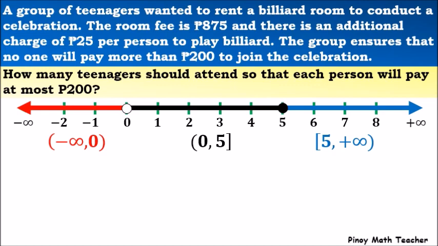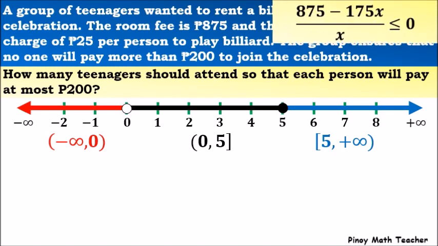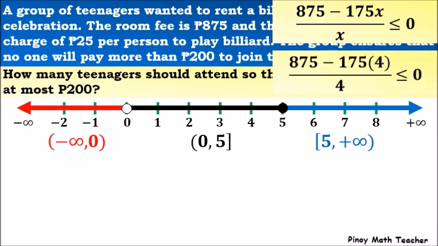So, ang options na lang natin ay yung from 0 to 5 at yung from 5 to positive infinity. Okay, i-test natin yung second interval. Try natin at x equals 4. So, (875 minus 175 times 4) over 4 is less than or equal to 0.